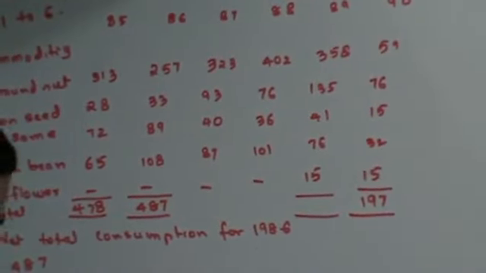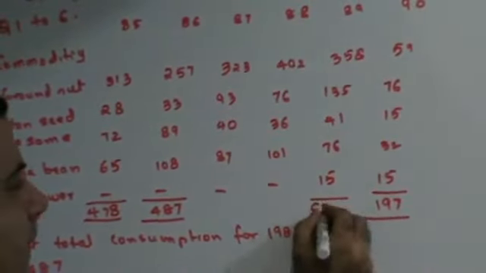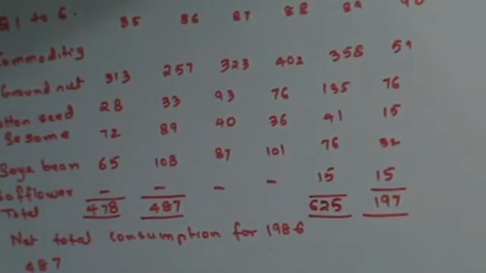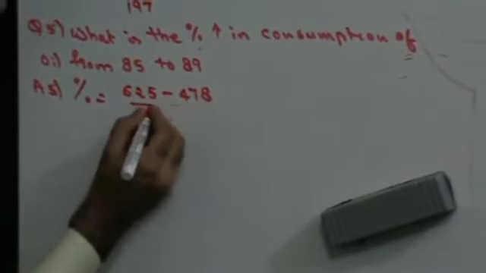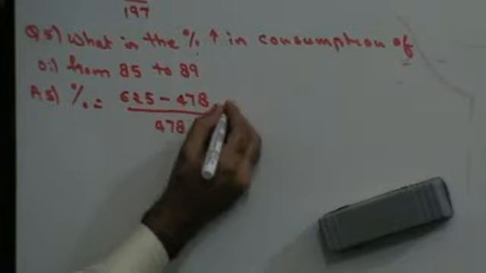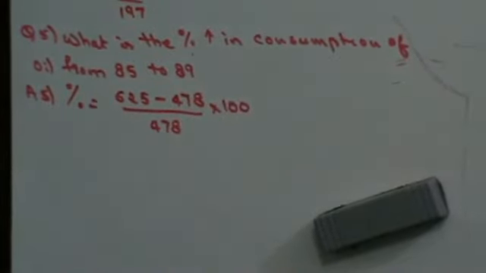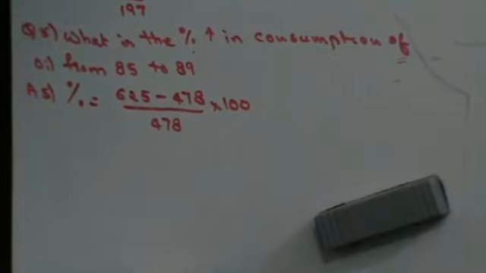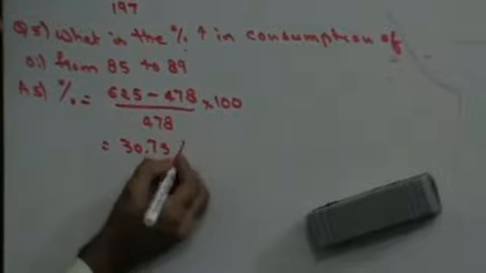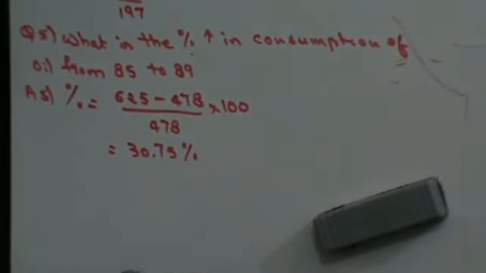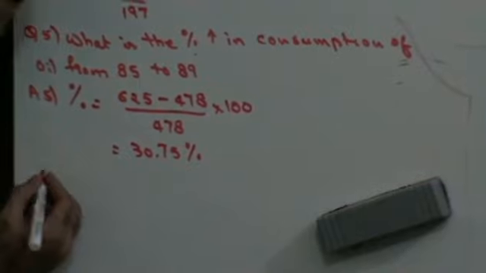The total consumption of oil in the year 1989 is 625. 89 is 625. 85 was 478, divided by 478 into 100. Current year minus previous year upon previous year into 100. This should work out to 30.75%.